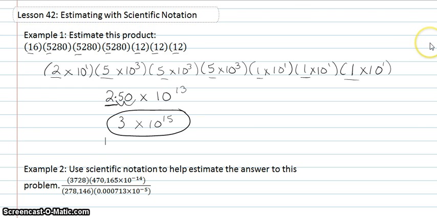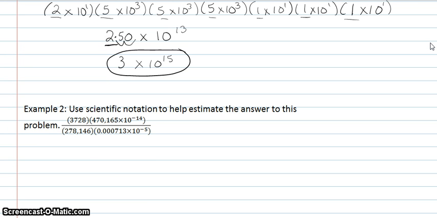Now we can also use this for estimating whenever we're dividing numbers, okay? So we're just going to estimate by the first digit on each of those. So for the first one, that's going to be 4 times 10 to the third power multiplied by, that would be 5 times 10.